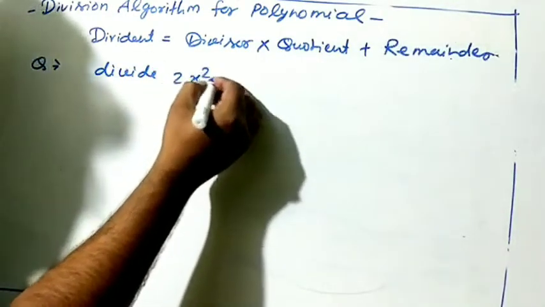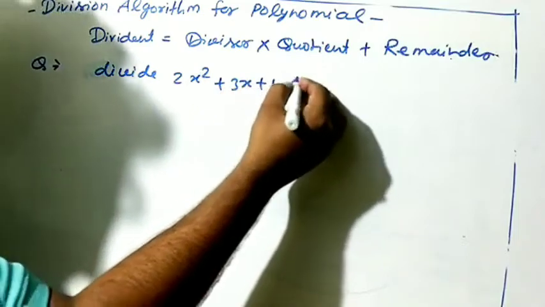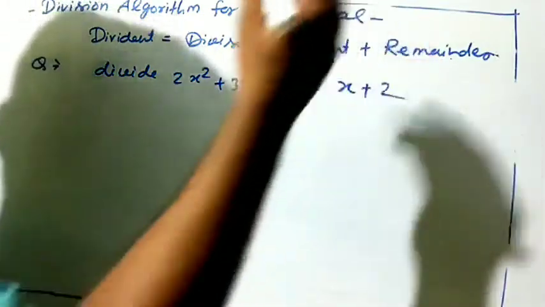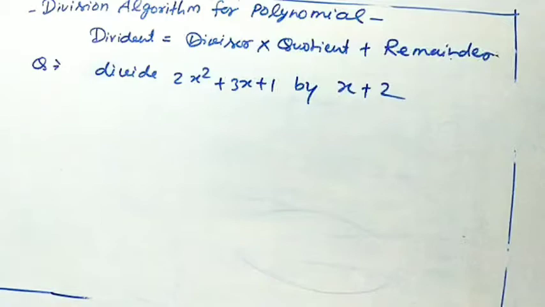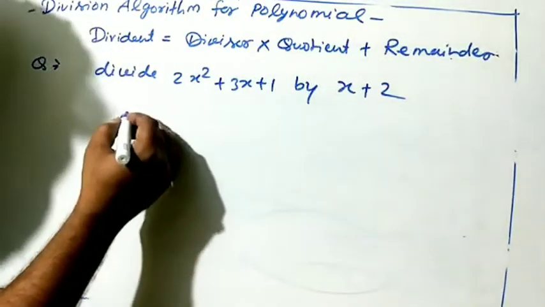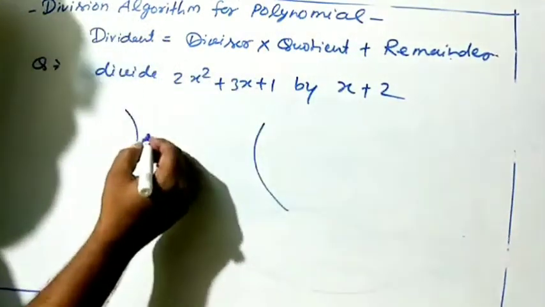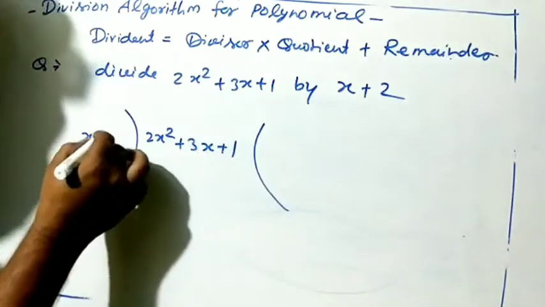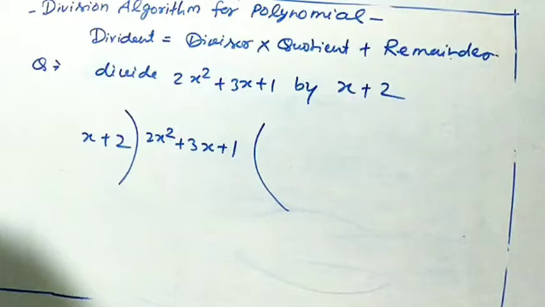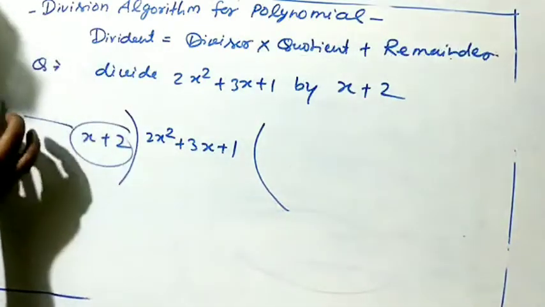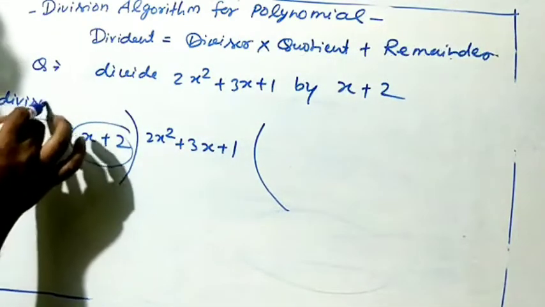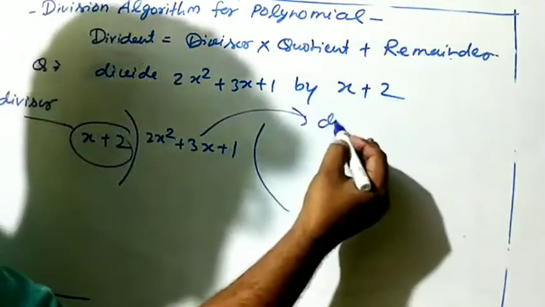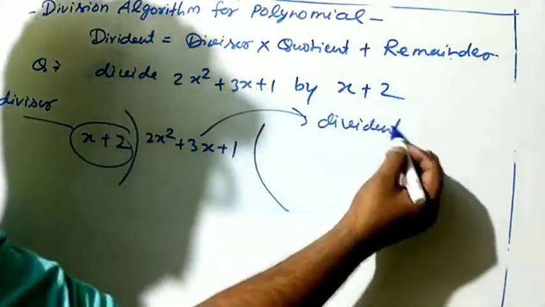Divide 2x square plus 3x plus 1 by x plus 2. I am writing in this form: 2x square plus 3x plus 1, and this is x plus 2. It is very clear that this is the divisor and this is the dividend.